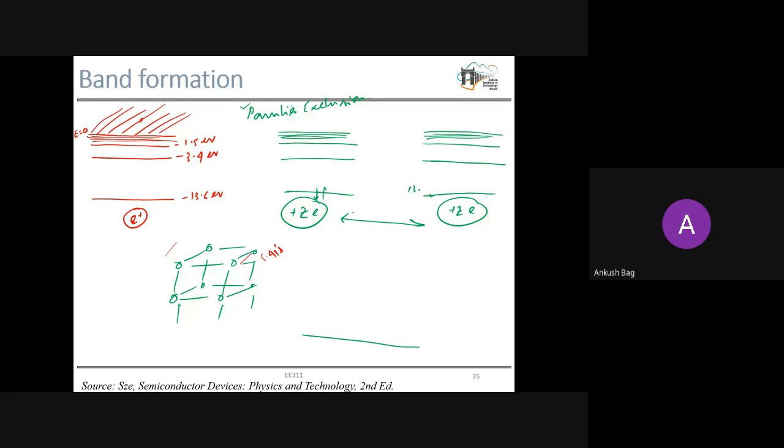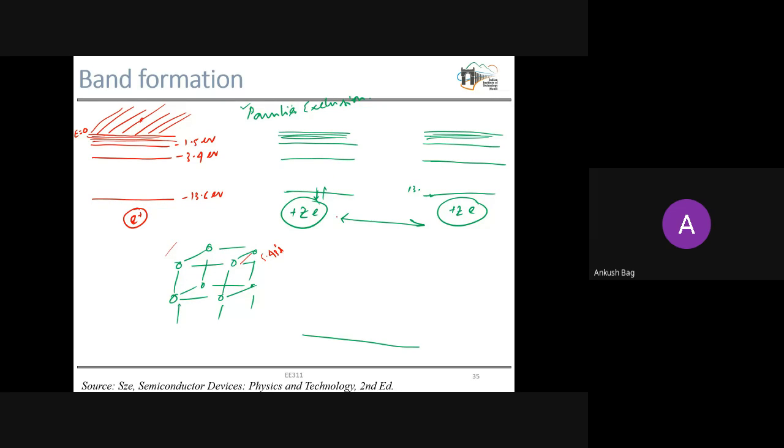Now coming back to this concept, these discrete energy levels are valid when we consider a single atom. A single atom has Ze number of protons, which are positively charged, and then we have discrete energy levels.